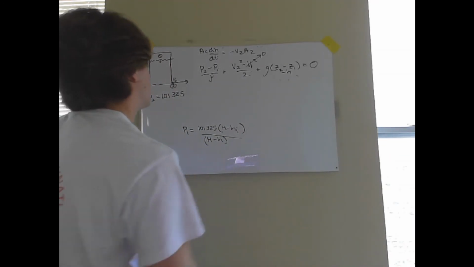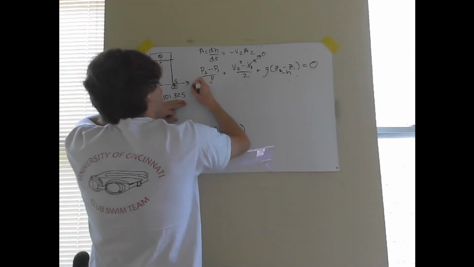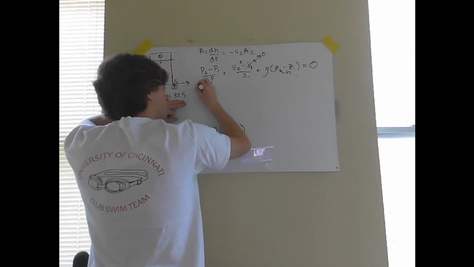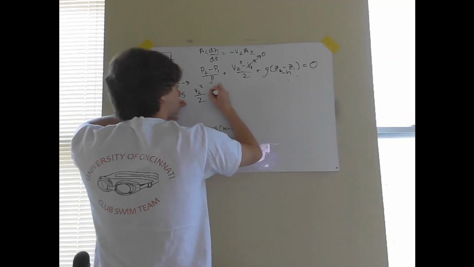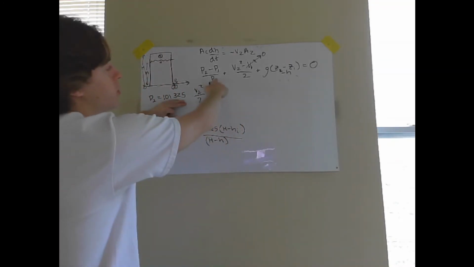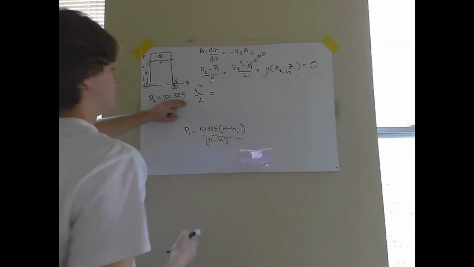Again, I'll start with just the left side, leaving this term on the left because we're solving for V2. When we move this over, it becomes P1 minus P2.